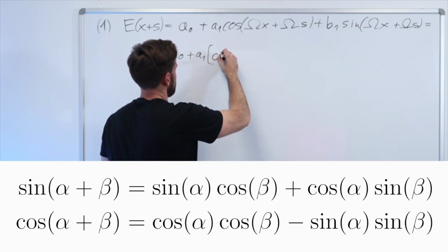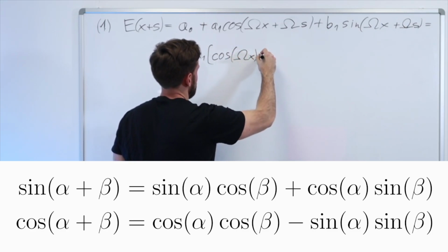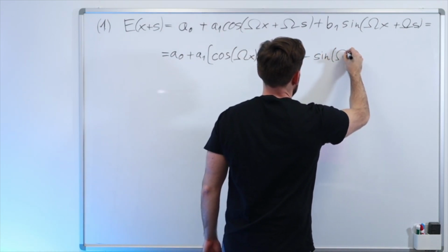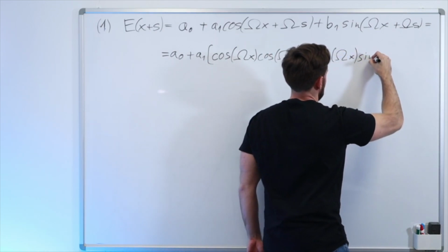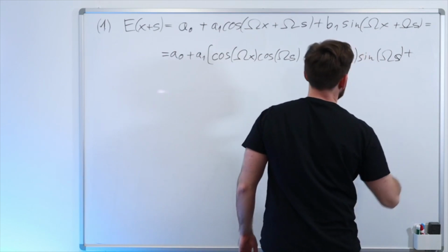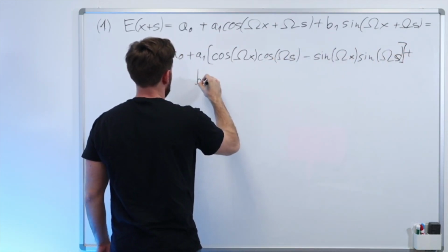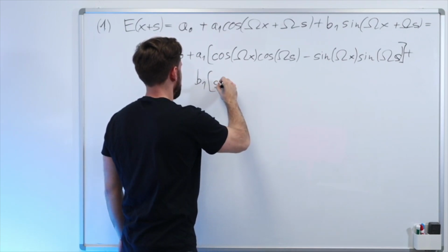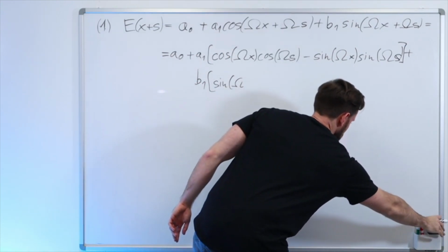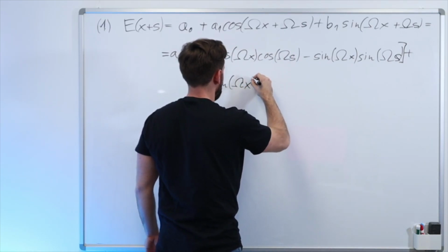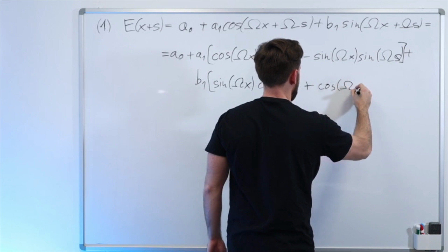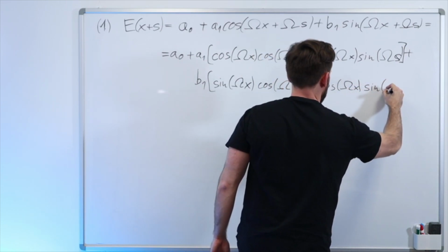So what we will have here is cosine omega x times cosine omega s minus sine omega x times sine omega s, plus we will also have b1 times sine omega x times cosine omega s plus cosine omega x times sine omega s.